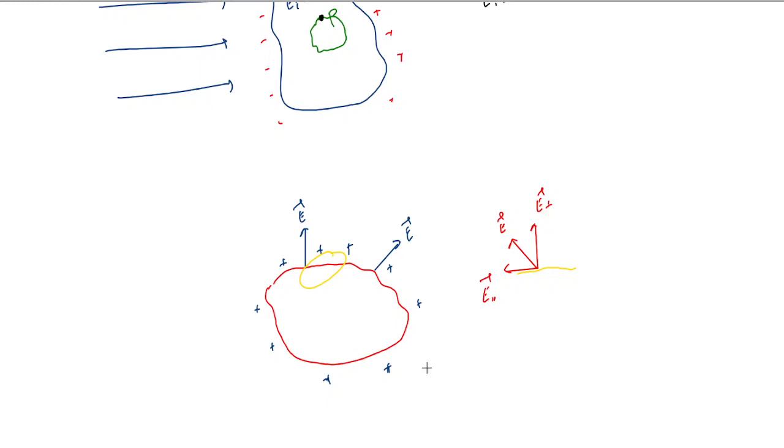But if this parallel component is present, the charges would keep on moving. But the charges are already at rest, they're not moving any further at all. So from that we can say that the electric field is always normal to the surface. This is not possible otherwise. That's the second point.